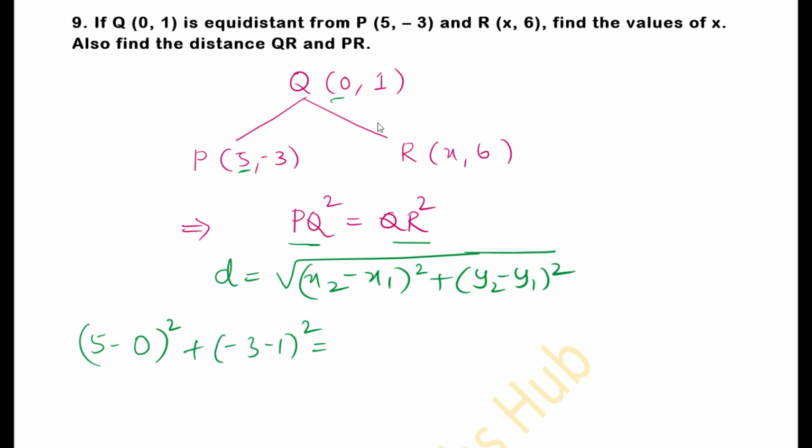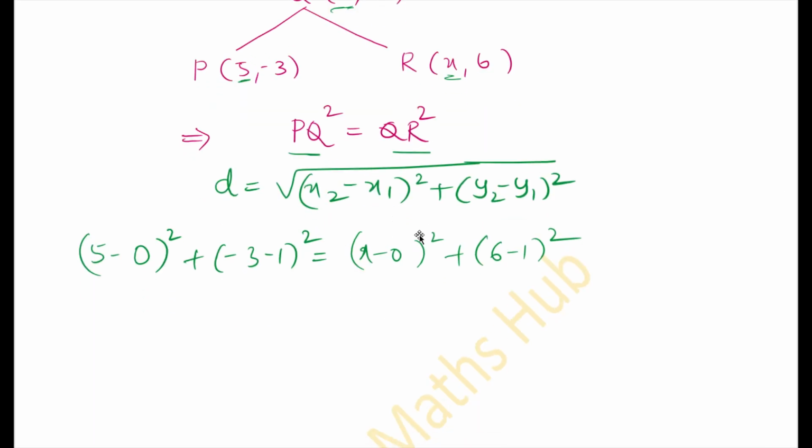What is QR? X minus 0 the whole square, that is x2 minus x1, plus y2 minus y1 is 6 minus 1 the whole square. Why have I not written the square root? Because I have already taken the square in the first step itself. Square and square root will cancel out.